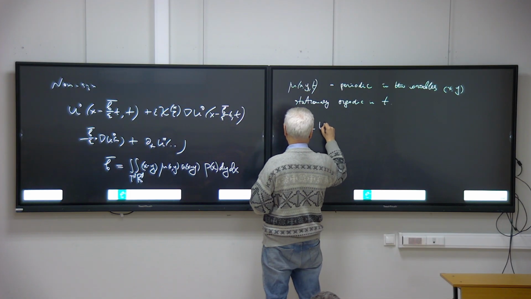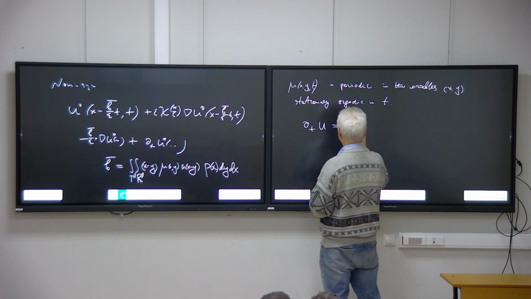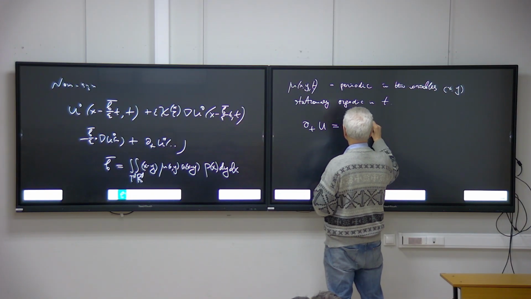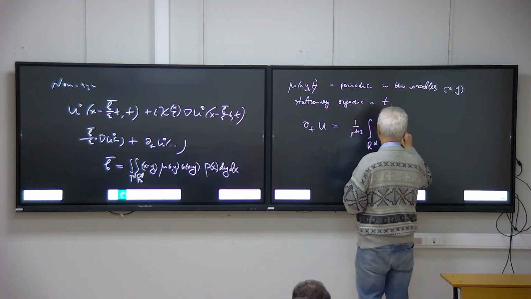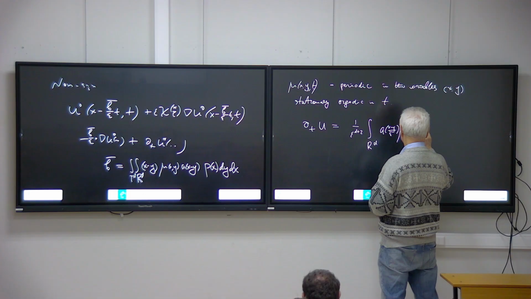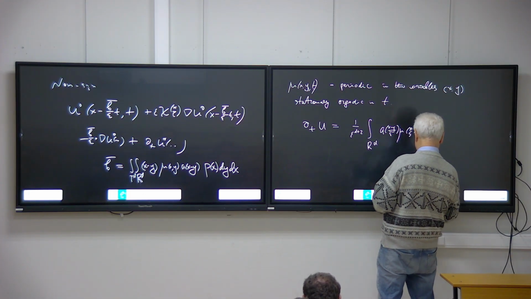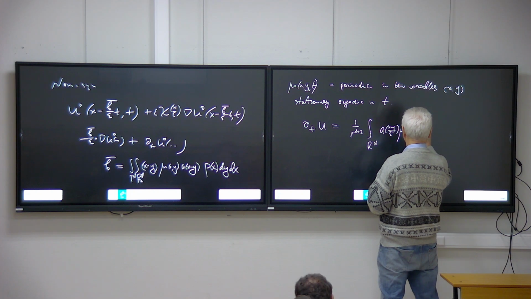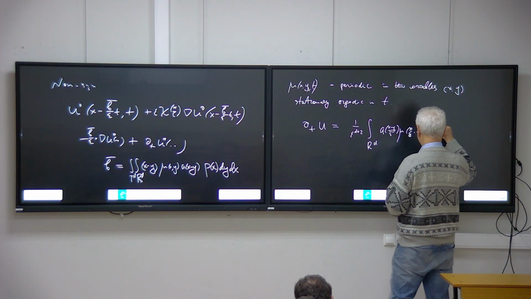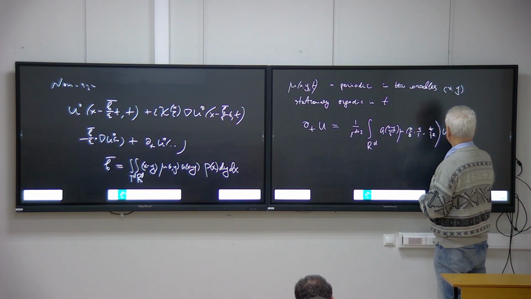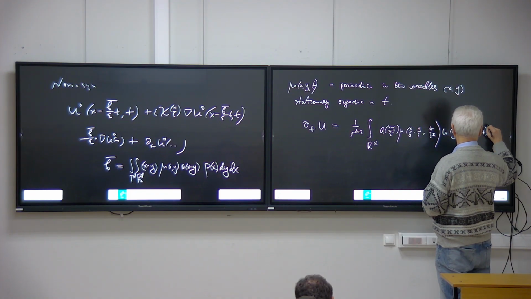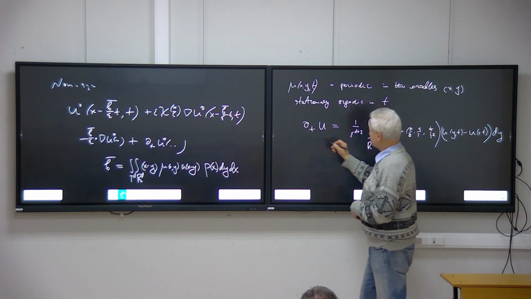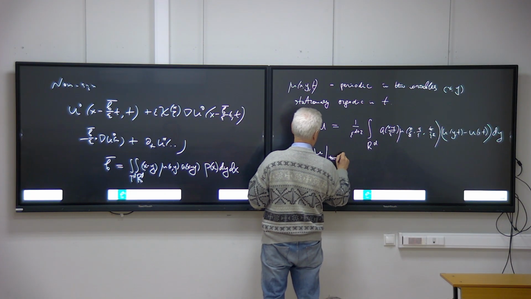Let me write down what equation we study: u epsilon t equals 1 over epsilon to the power d plus 2, integral over R^d, a of x minus y over epsilon, mu of x over epsilon, y over epsilon, t over epsilon squared, diffusive scaling, times u of y, t minus u of x, t, dy, and some initial condition u at t equals 0 is equal to u0.